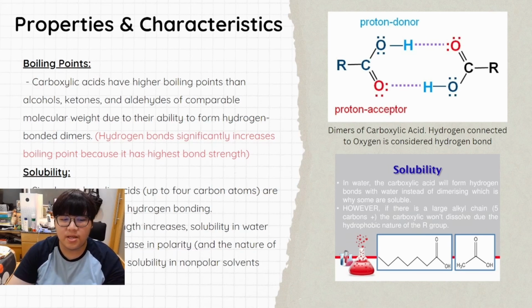And its solubility is that carboxylic acids are very soluble in water because they form hydrogen bonds, but if the carboxylic acid has a very long alkyl chain, the solubility in water decreases because the polarity decreases, and it will also be more soluble in nonpolar solvents.